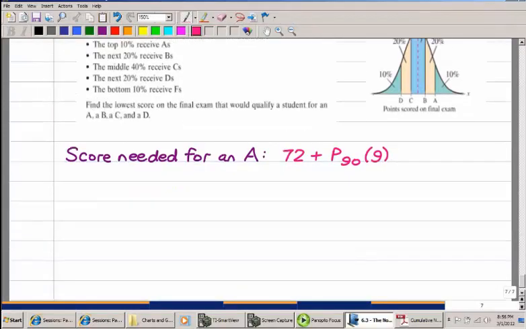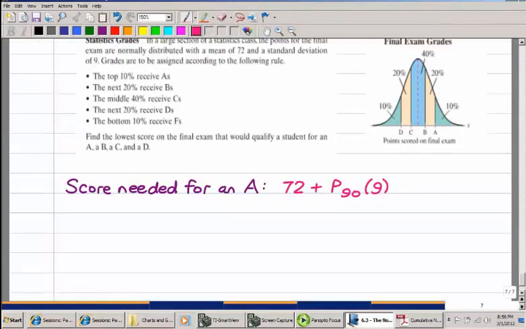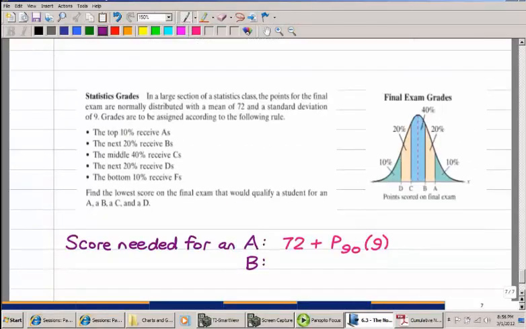Now I'm just going to set these up for you, and if you want to calculate these out of curiosity, that's fine. Like I said, I wouldn't really have a question directly like this on a test, but I just want to show you this. Score needed for a B. Now if you look at the graph, you see that 20% section, but obviously the 20% plus the 10% above it, so actually it's 30% above, the 20% that represent the B's and the 10% that represent the A's.